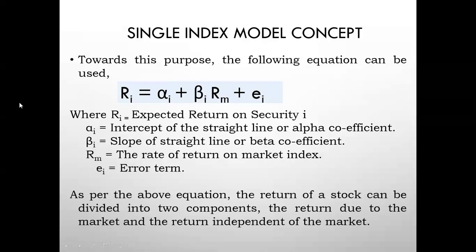Towards that purpose, the following equation can be used for identifying the expected return on a security: the intercept of the straight line alpha, the coefficient beta, the rate of return on the market index, and an error term. As per the above equation, the return of the stock can be divided into two components: the return due to the market and the return independent of the market.